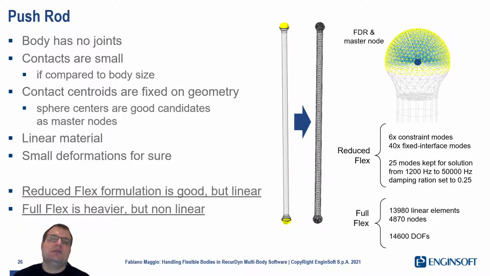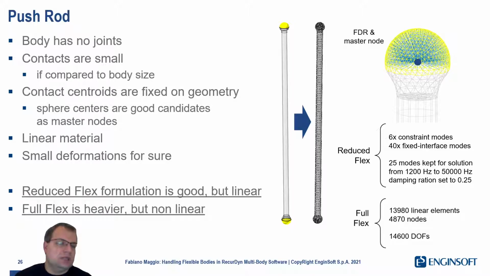that in case of nonlinear behavior, the reduced flex formulation is not good. But in this case, we can imagine small deformations, and so reduced flex is probably the first choice. I've been pointing out in this slide also the number of degrees of freedom if you have a reduced flex approach by keeping 40 fixed interface modes and 6 constraint modes per each master node.